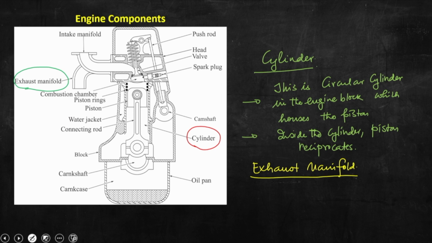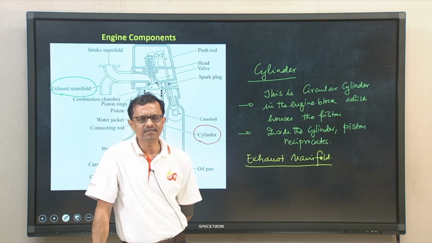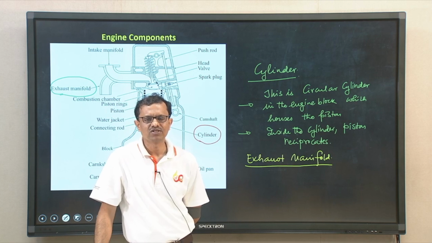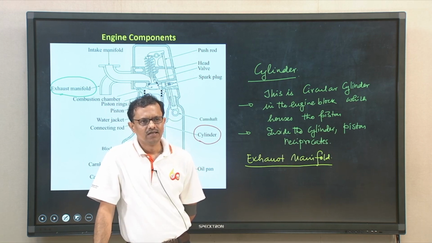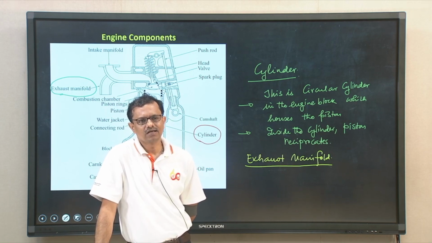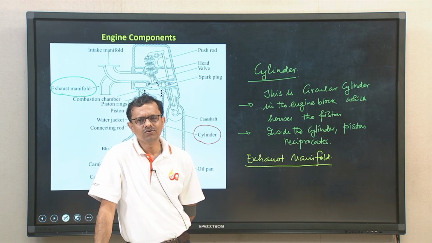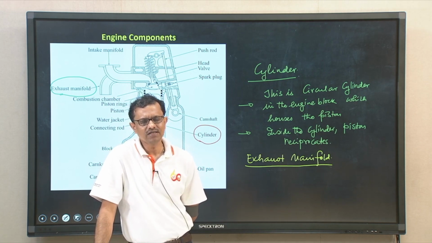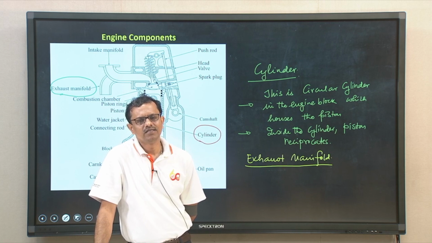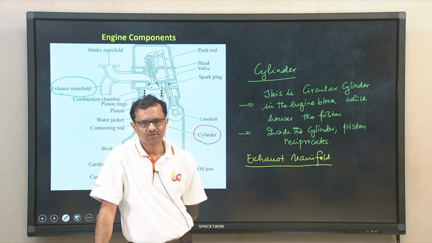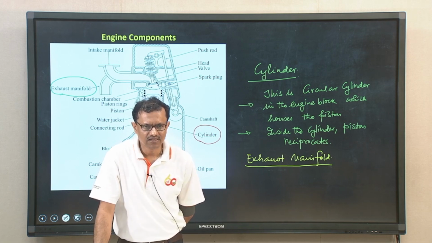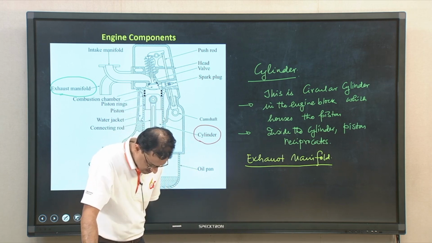We have discussed that the exhaust manifold is essentially a piping system through which combustion gases are allowed to leave from the combustion chamber during the exhaust stroke. So, this arrangement must be there, and that is what we can see from the schematic depiction.